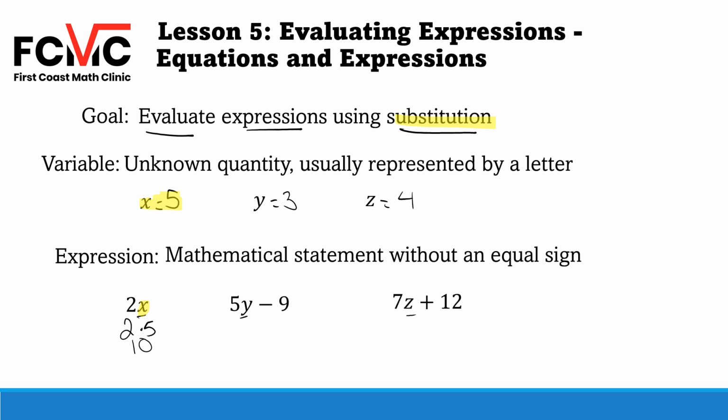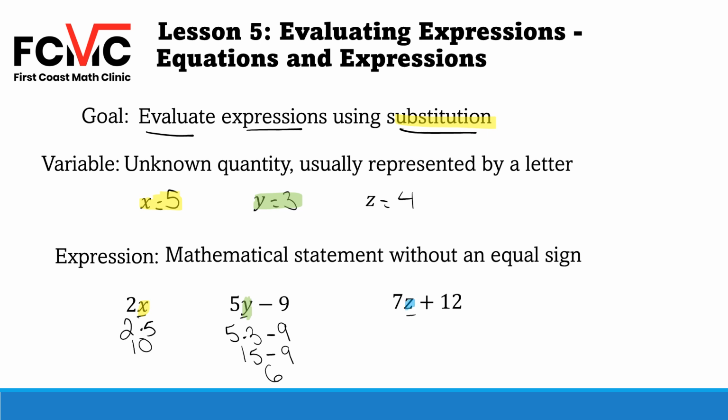Now I can evaluate this second expression. We know the value of y is 3. So I'm going to have 5 times 3 minus 9. So I get 15 minus 9, and I get 6. And my last expression, I'm going to evaluate.